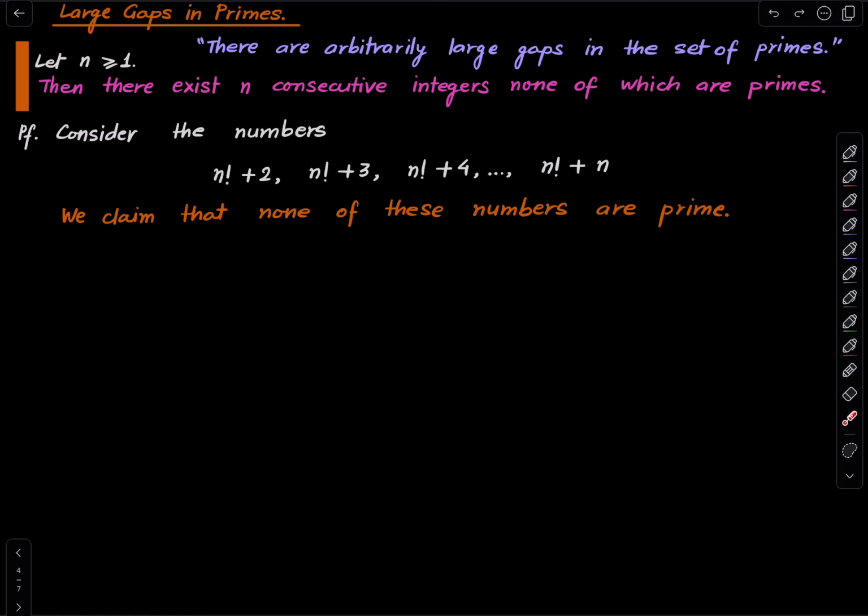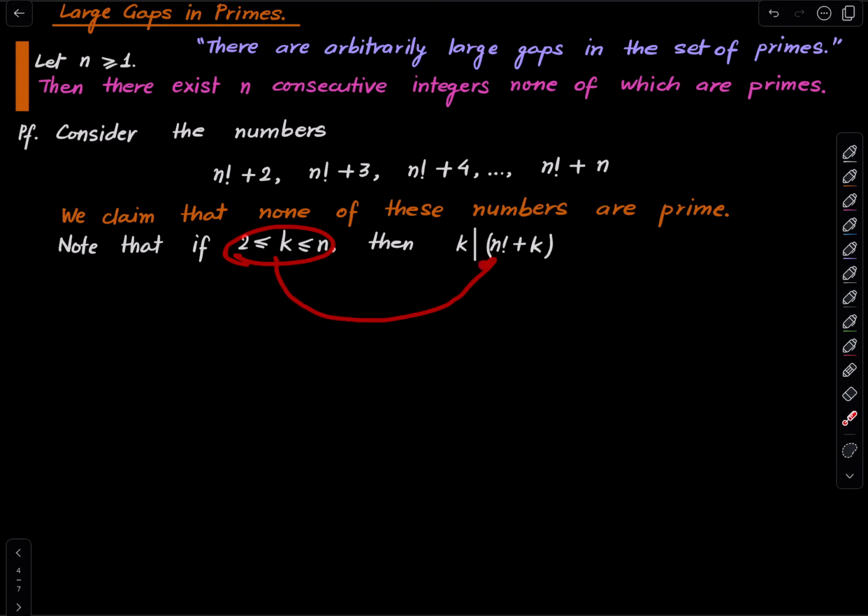Okay, but clearly note that, to prove this, if k is between 2 and n, then k divides n factorial plus k. Right? Why is that? Because k divides n factorial, and k anyway divides k, so it also divides the sum of the two things.